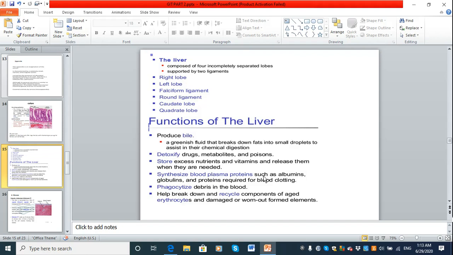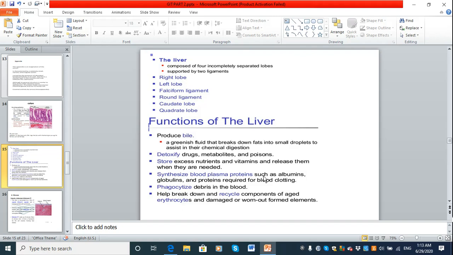The main function of the liver is to produce bile, which is a greenish fluid, and it is released when the body needs it to break down fat into small droplets to help the chemical digestion.